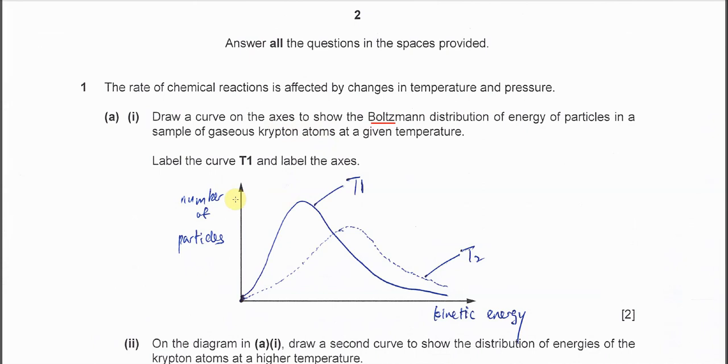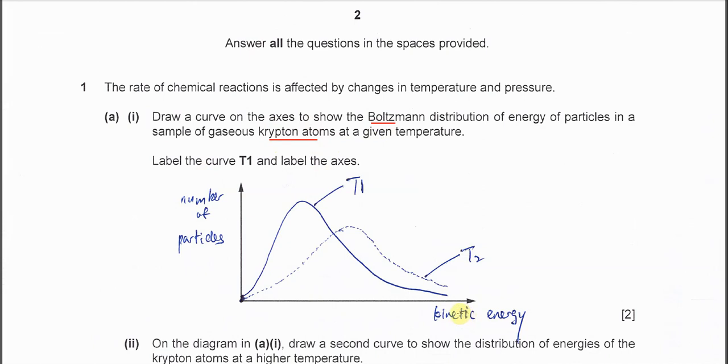Okay, so you need to label the axis. So the y-axis is the number of particles or molecules. In this case, it is atoms, because it's Krypton. And kinetic energy for the x-axis.